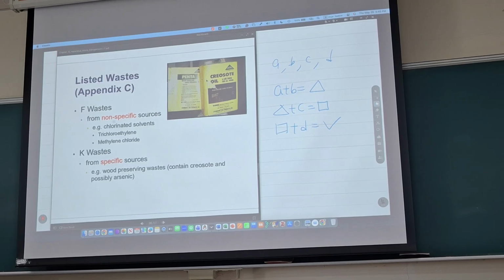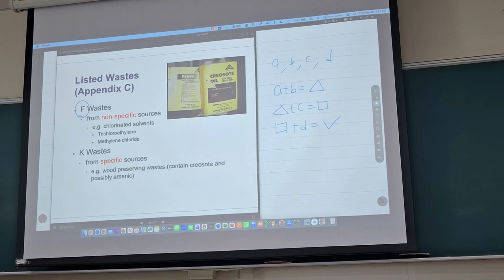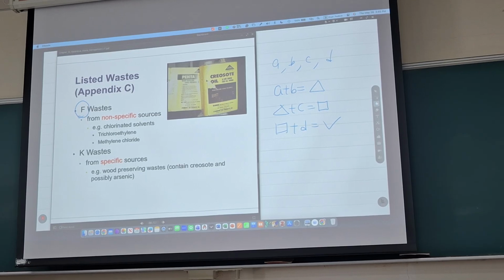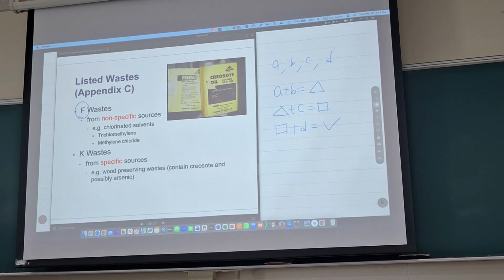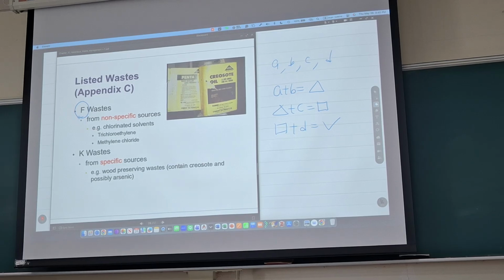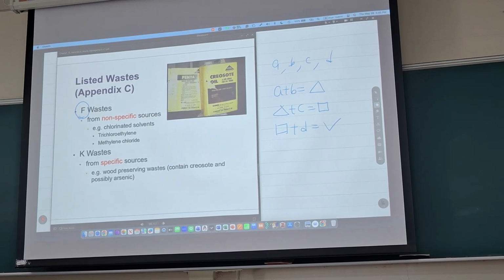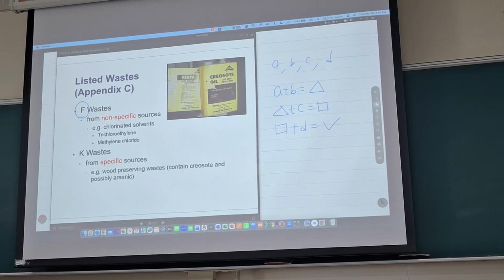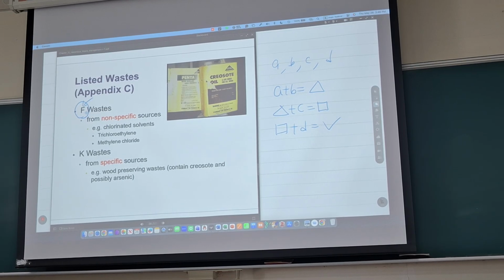The first one, if you see F, the F waste. F waste means this waste is from a non-specific source. It might come from many different industries. So we call this F waste.